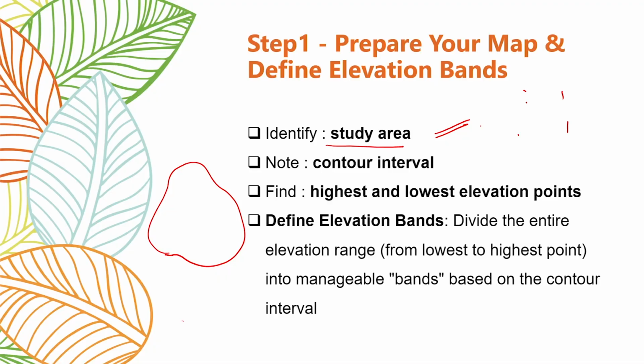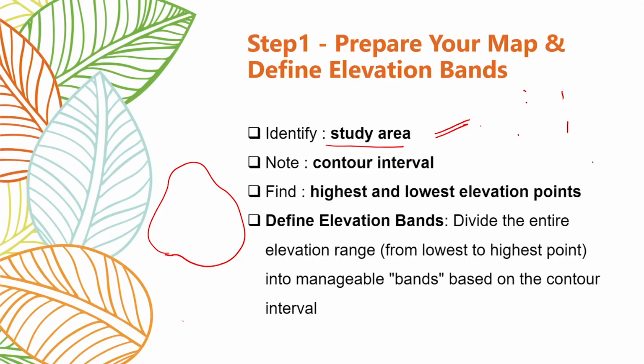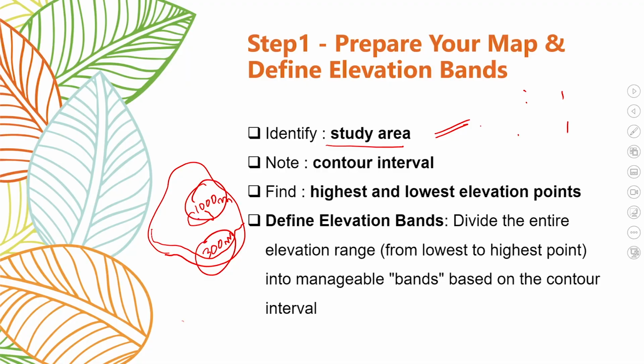Now that we have defined a study area and marked the contour intervals, we find the lowest and the highest elevated point. By the lowest and highest elevations, we mean if your area has a contour that is marked at 1000 meters and the lowest contour is marked at 300, you need to keep in mind both the 300 as well as the 1000-meter contours, because these are your highest and lowest values.